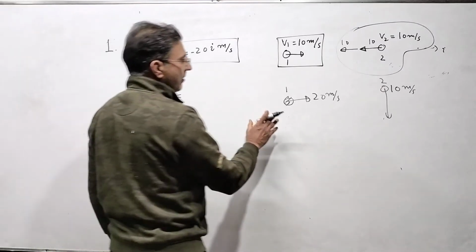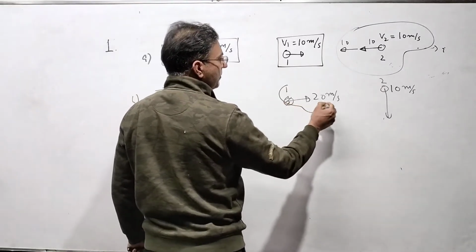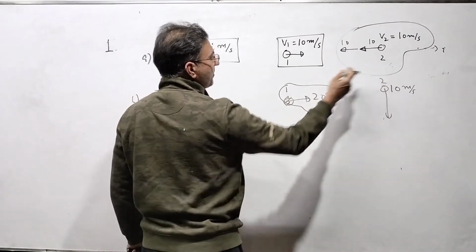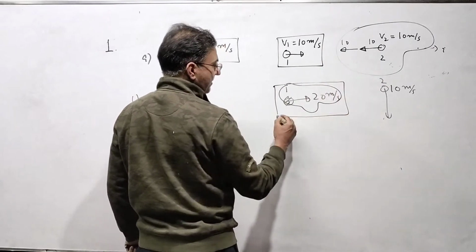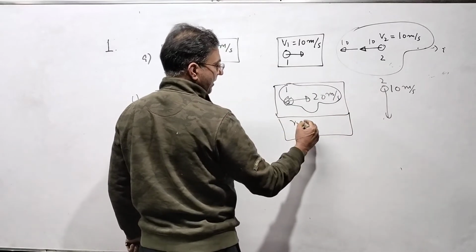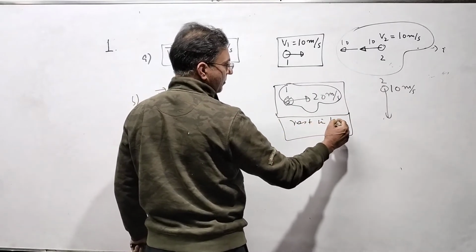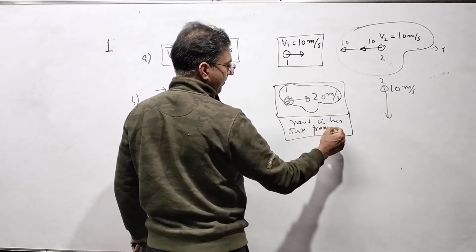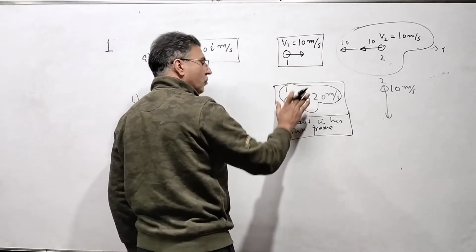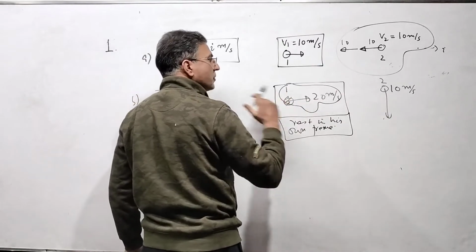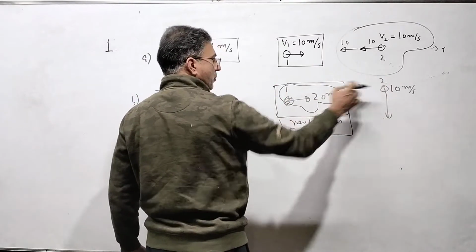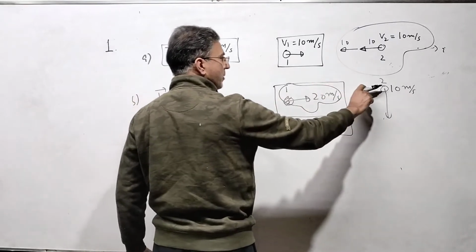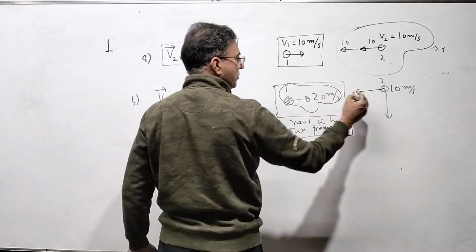What this observer will do is transfer his velocity to the object and come to rest in his own frame of reference. He will transfer 20 to this object, but opposite to this 20.